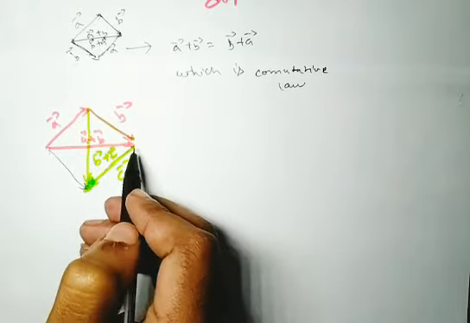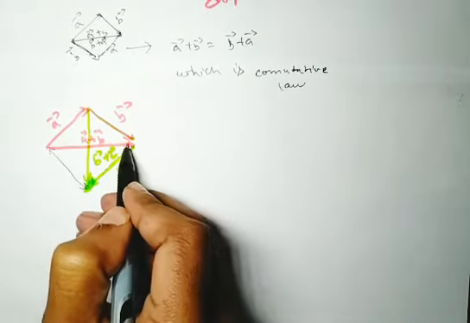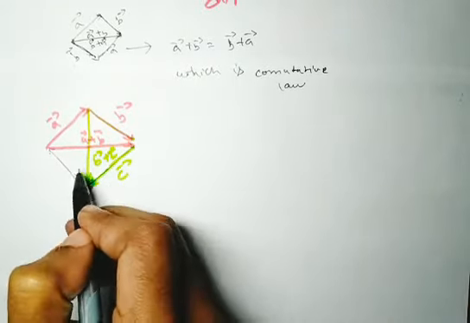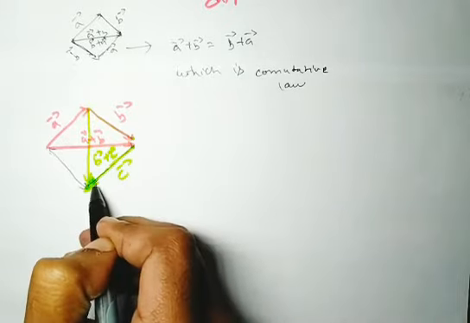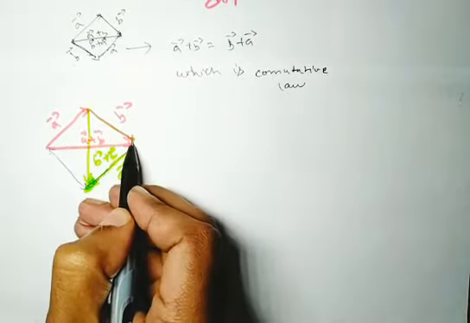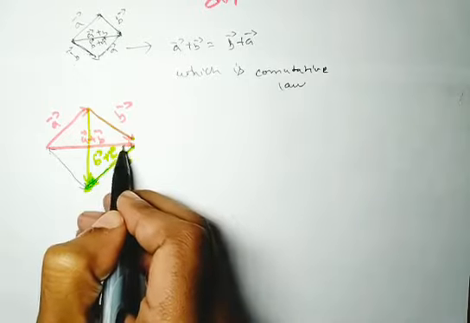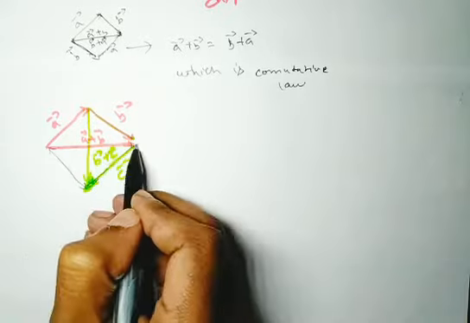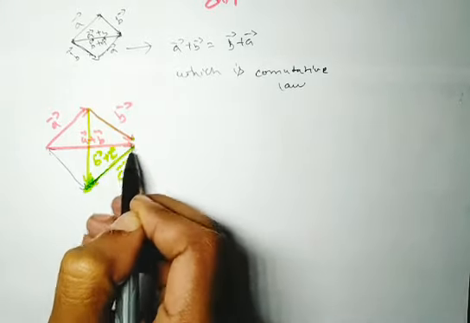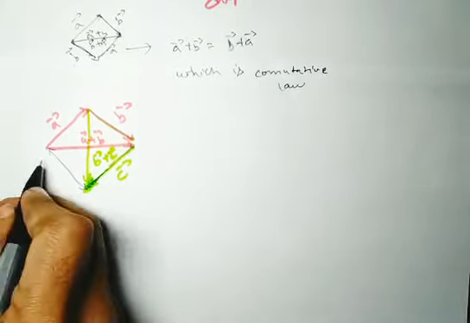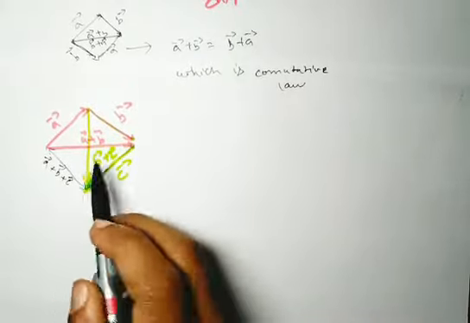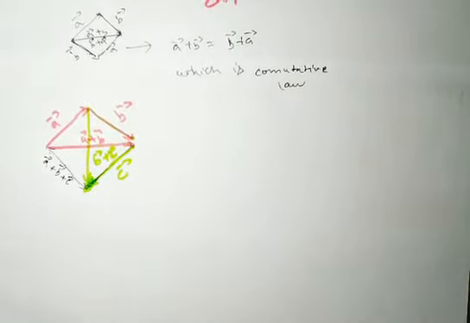This is vector A plus B, and vector C, so the resultant is vector A plus B, plus vector C. So we can say this is vector A plus B plus C. In here there are two conditions.